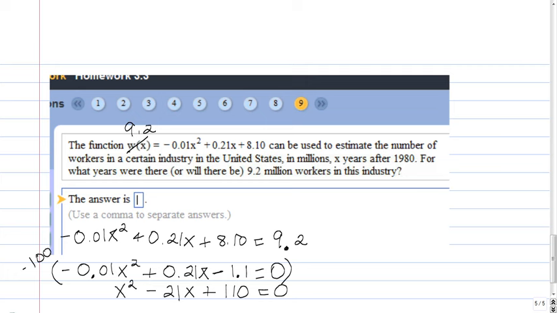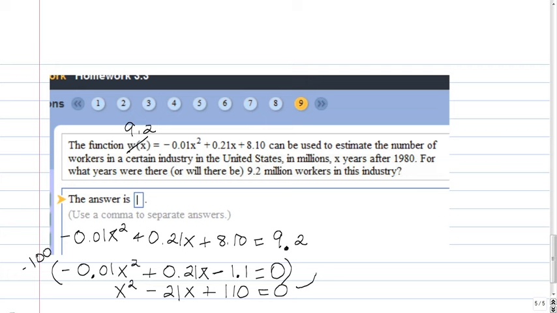So now we need to factor that. If we try to find the factors of 110 whose sum is 21, we would find 10 and 11 to be the result of that.